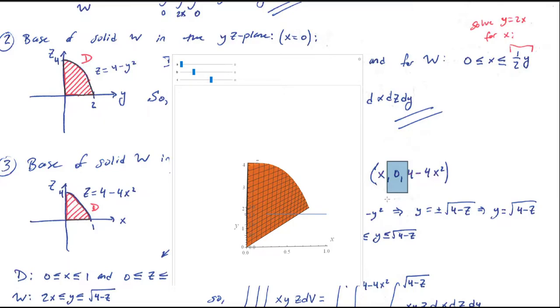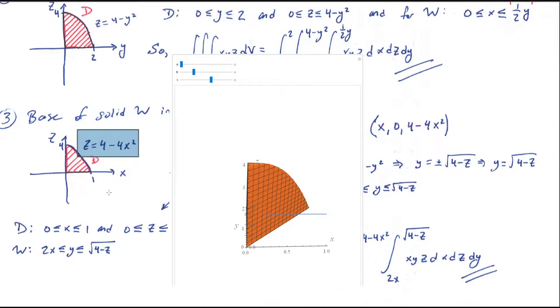So that becomes the equation right here that we get. The issue was we needed this equation in terms of x, and that was a little bit tricky to get. Once we have that equation down, then this region is vertically and horizontally simple, and we can easily come up with this description.